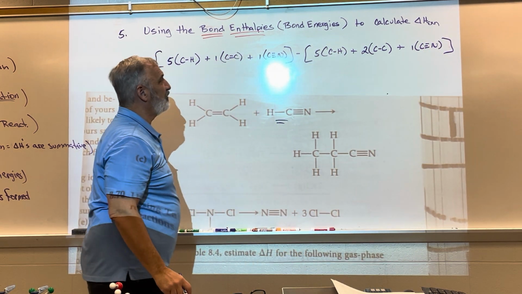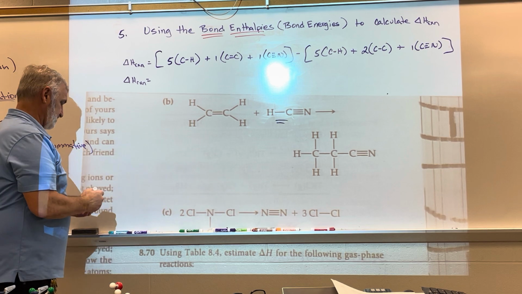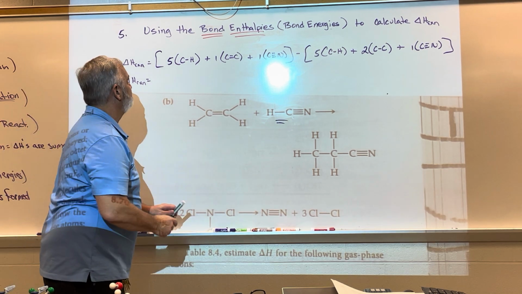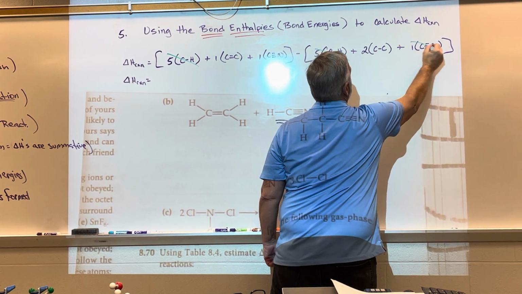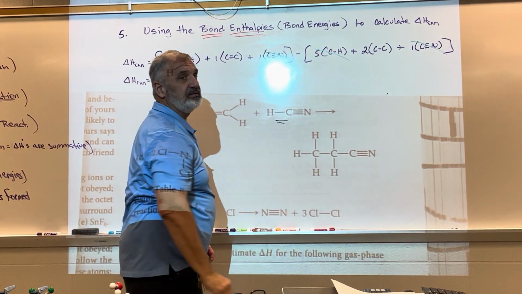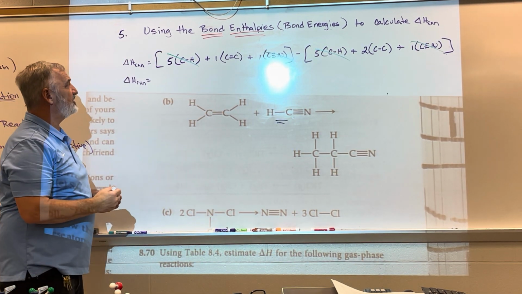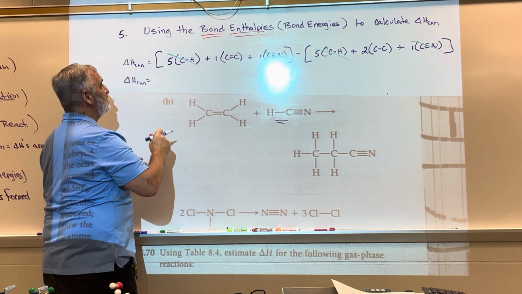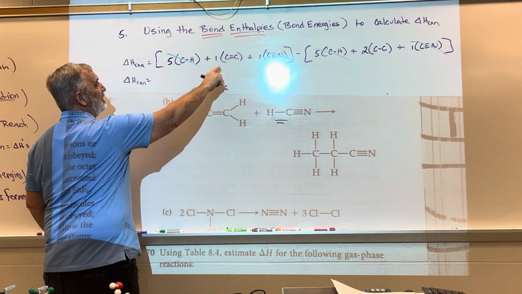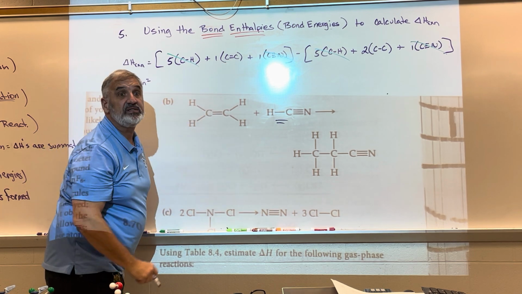Now, before we even plug in numbers, what's going to cancel? The 5 carbon hydrogen. That's going to cancel with that. And the triple bond, that's going to cancel with that. So the reality is we just need the carbon to carbon double bond, which is going to equal how much? 614.